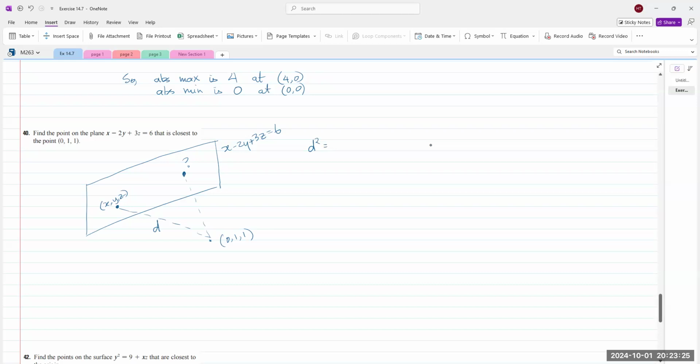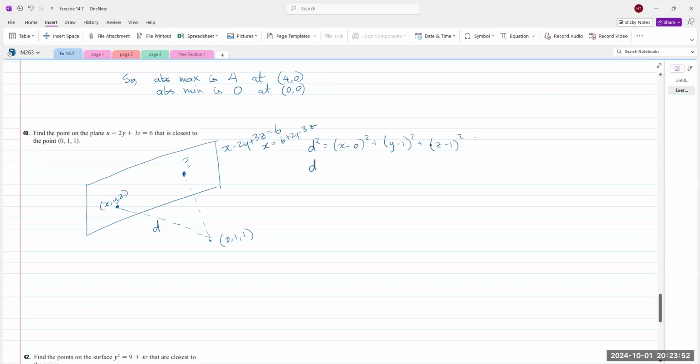Okay, and then we will minimize that. So x minus 0 squared plus y minus 1 squared plus z minus 1 squared. Now let's see, I think I want to solve for x, which is equal to 6 plus 2y minus 3z.